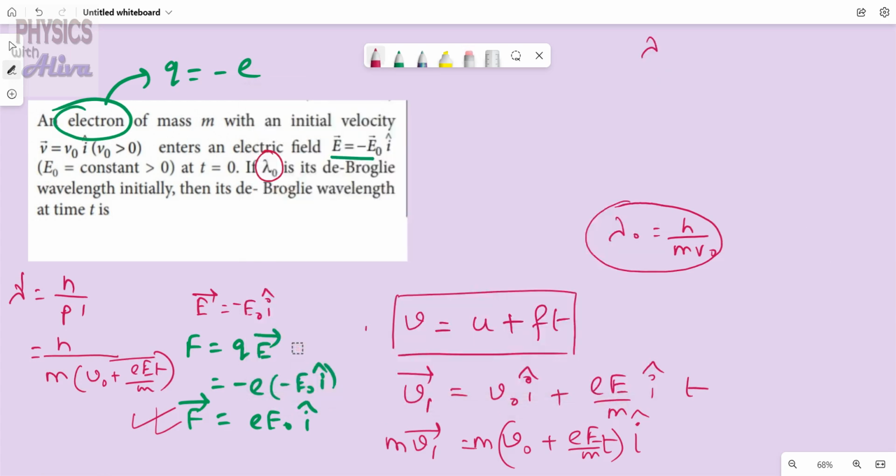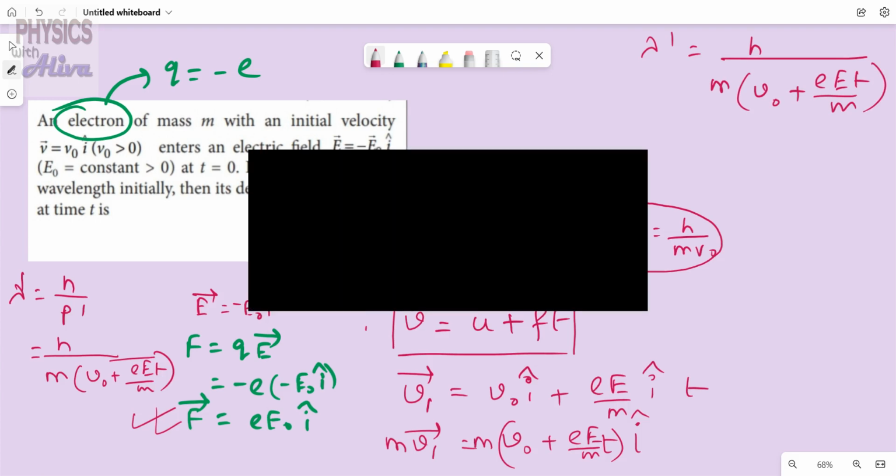So lambda dash is equal to h divided by m v naught plus e E naught t. Okay. Here it is asked, if lambda naught is the de Broglie wavelength initially, then what is the de Broglie wavelength at time t?